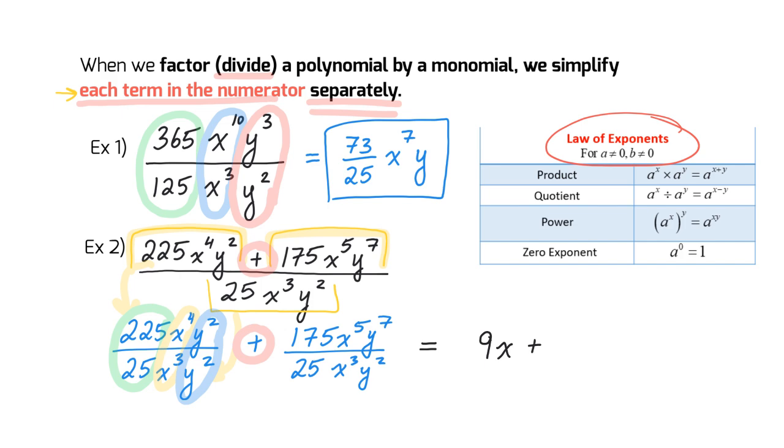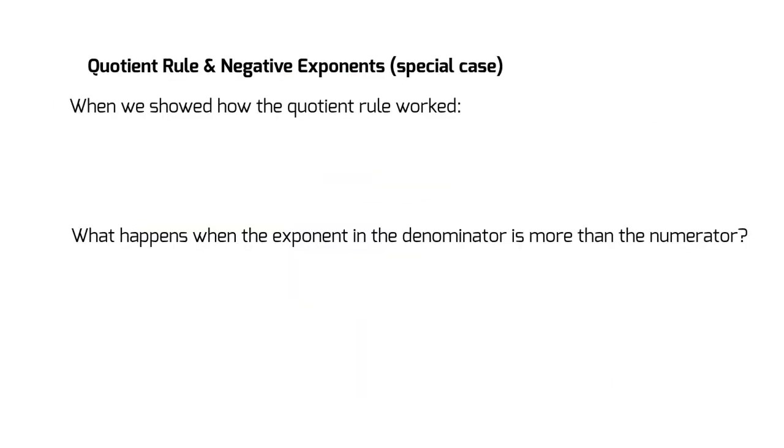In my next term, 175 over 25 is 7. X to the 5 over x to the 3 is x squared. And y to the 7 over y to the 2 is y to the 5th. And again, I'm using my exponent rules to solve and simplify for this division.